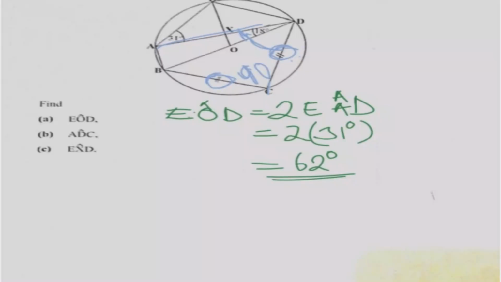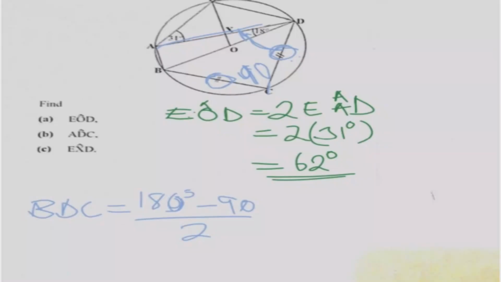To find that, we say 180 degrees, the total sum of interior angles of a triangle, minus 90 degrees, then divide by 2. Remember, I'm trying to find the value of angle BDC. That's the angle I want to find.